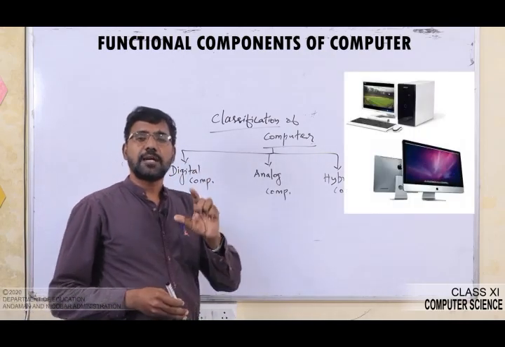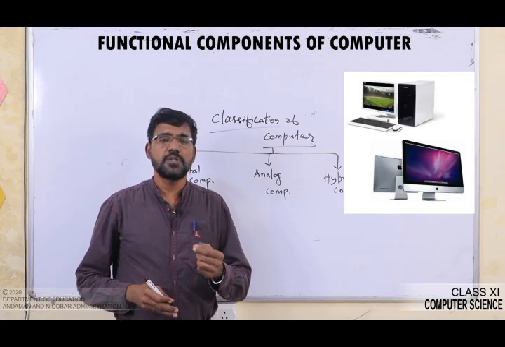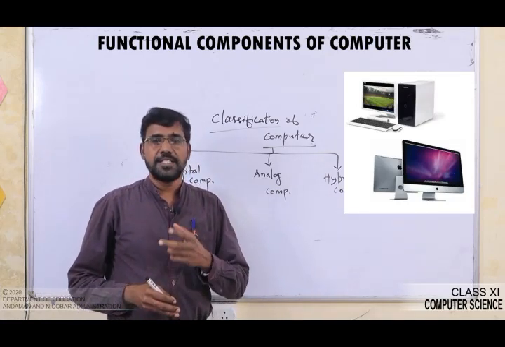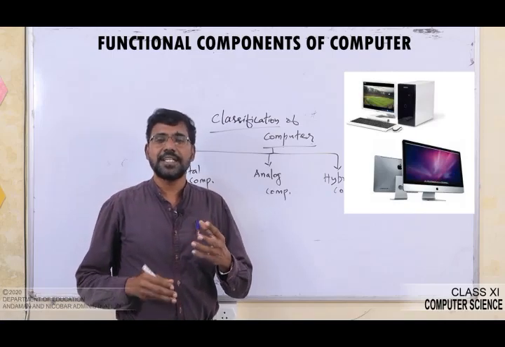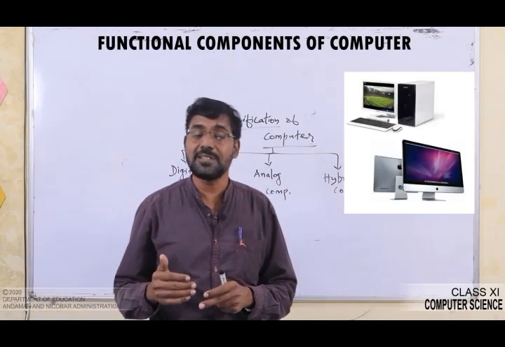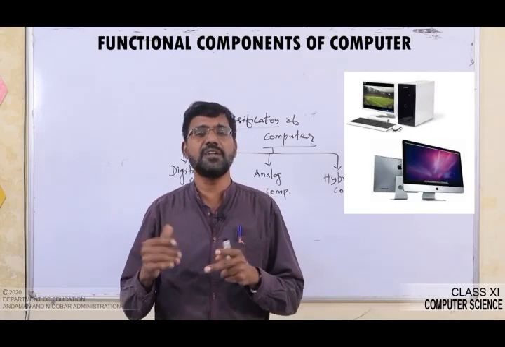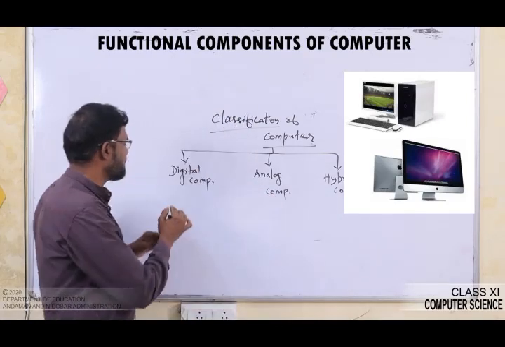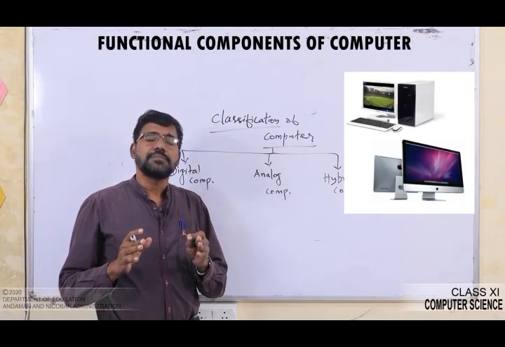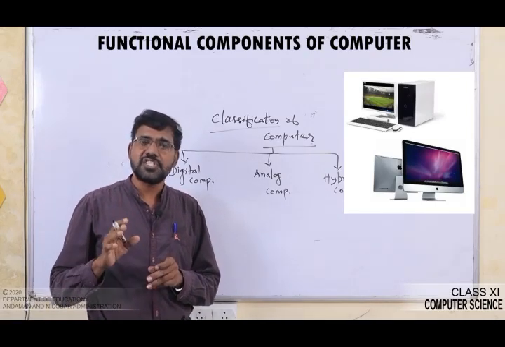These computers are capable of processing information in discrete form. In digital computer technology, data, which can be in the form of letters, symbols or numbers, is represented in binary form, that is 0 and 1. In binary digits, the presence of current or voltage is 1 and the absence is 0.